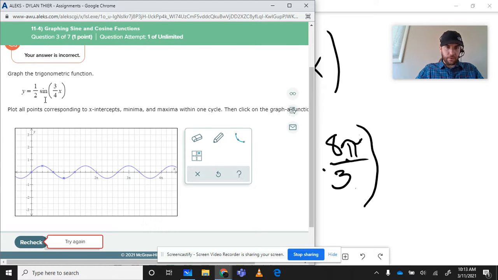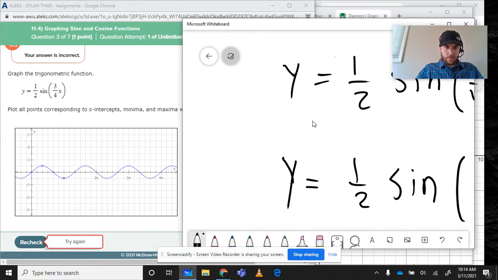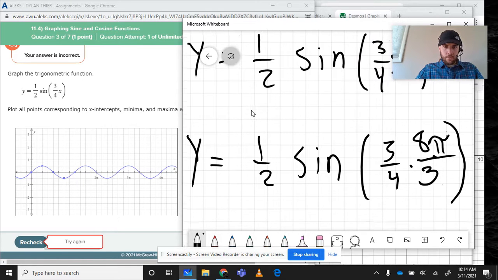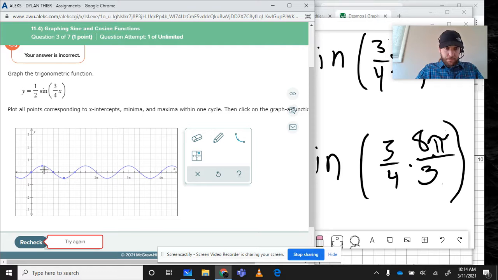Oops, something's off on there. Okay. So I want 2 pi in here. 8 pi over 4 gives me the 2 pi. Yes. Did I just get this part wrong? Okay, so that was pi.